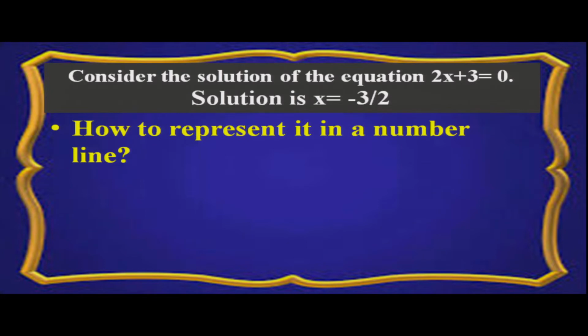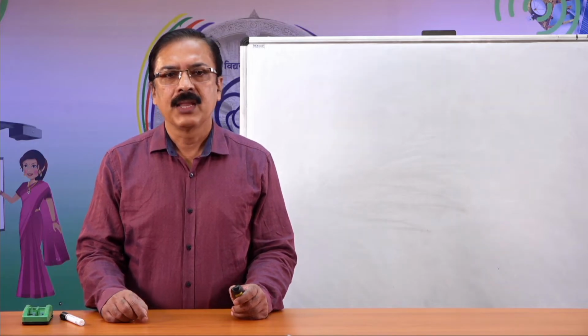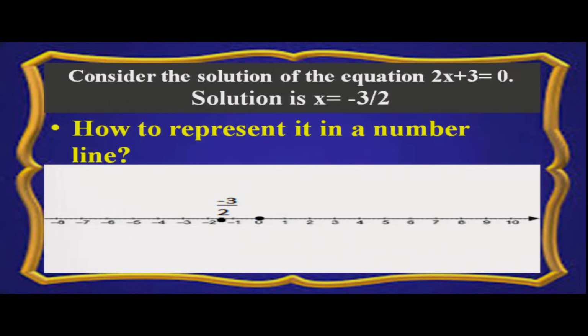We can represent it on a number line like this. As we know, minus 3 by 2 is a number in between minus 1 and minus 2. So it is given here in between minus 1 and minus 2, that is minus 3 by 2.